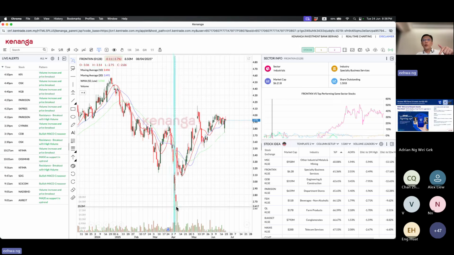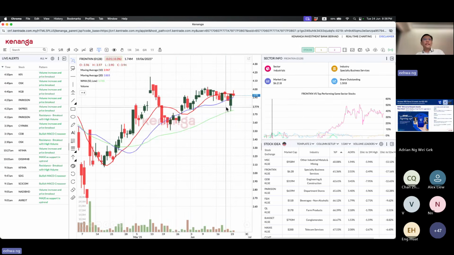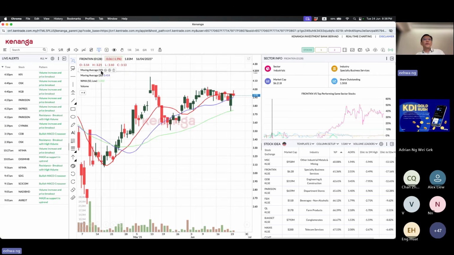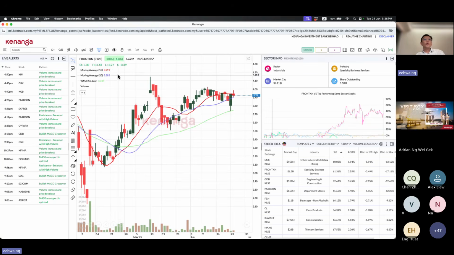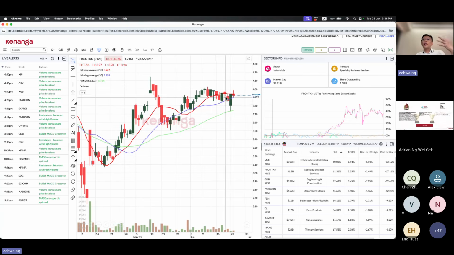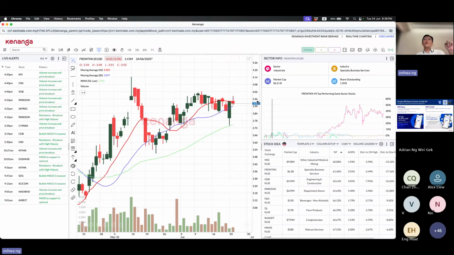So right now, you can see the 10-day is the red line, the blue is the 20-day, and the green is the 50-day. So using these three, if you find any stocks where the three lines are sloping up, these are currently trending upwards. So you can come and see Franken and get ready to buy the breakout.